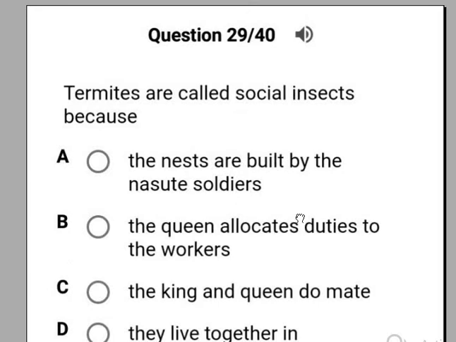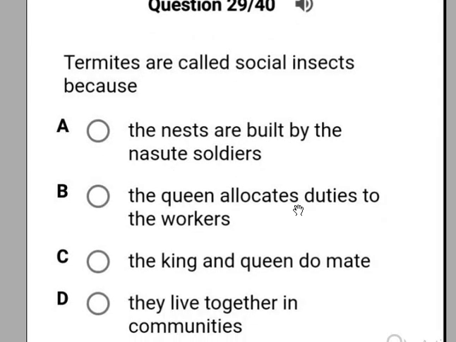Moving to the next question. The next question is 29. Termites are called social insects because: A. The nests are built by the nursery soldier. B. The queen allocated duties to the worker. C. The kings and queen do mates.